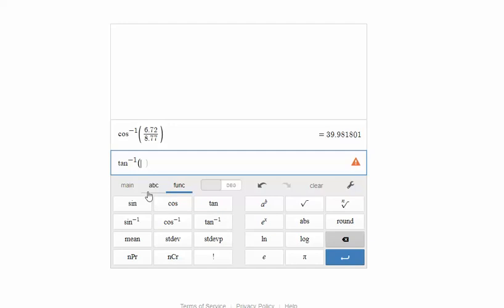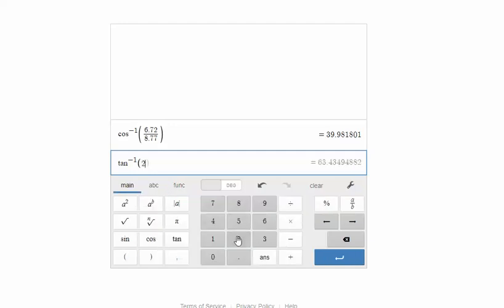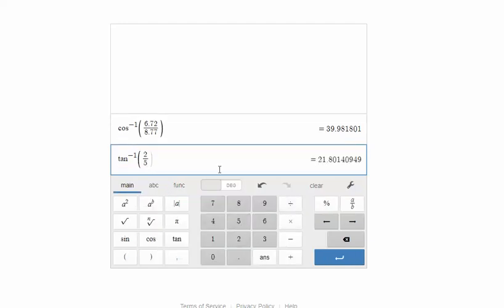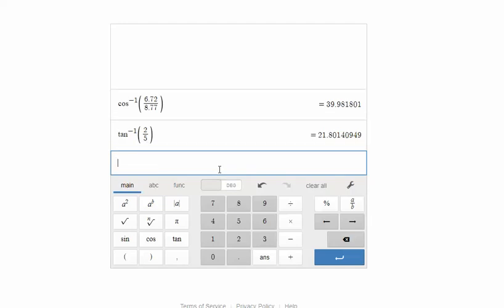And we had the ratio of 2 over 5. All right, so we got, I'm going to write this down. So the measure of angle A, we got to be about 21.8014 degrees.